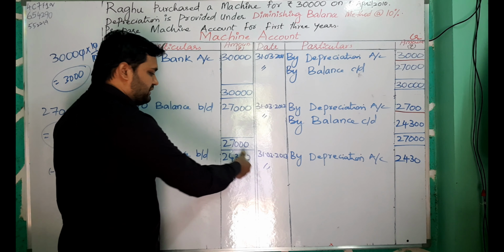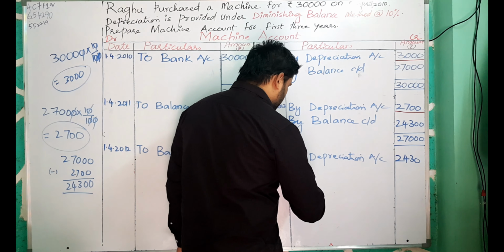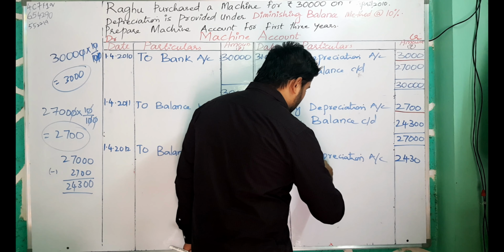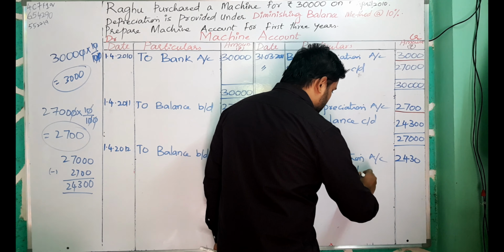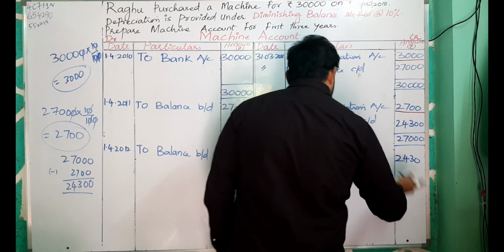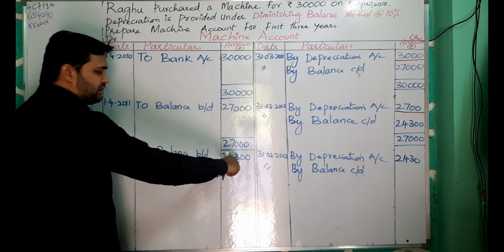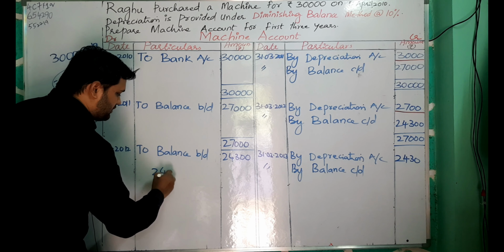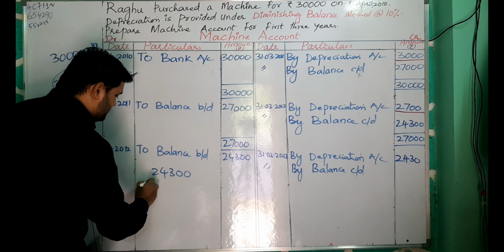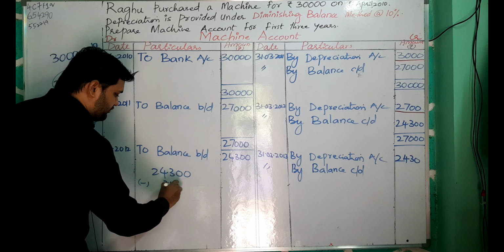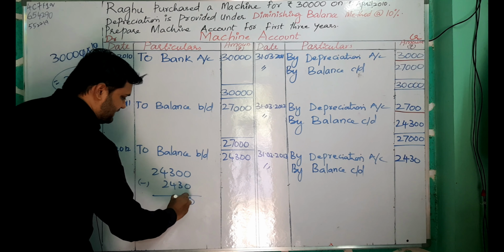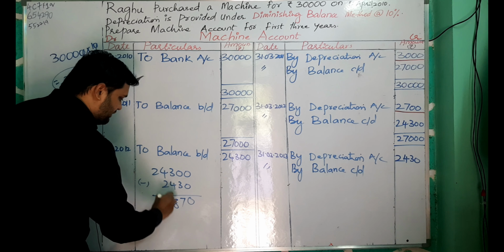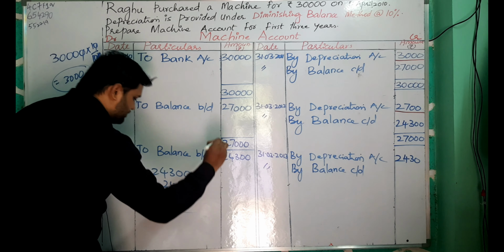This is the shortcut. By balance carried down, if you deduct 2,430 from 24,300, you get 21,870.